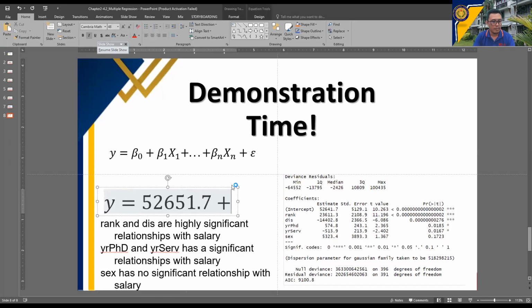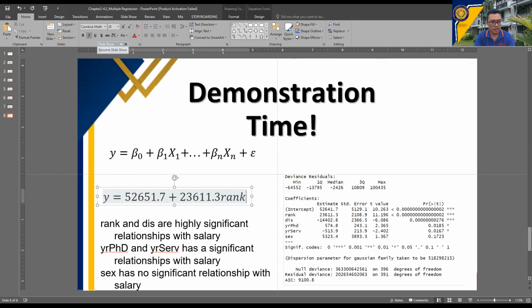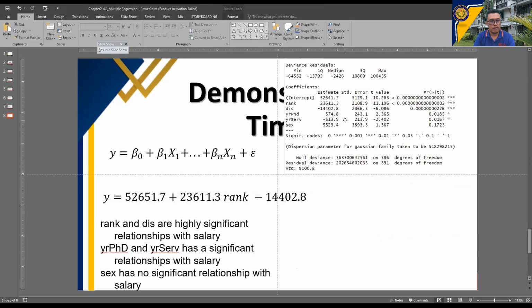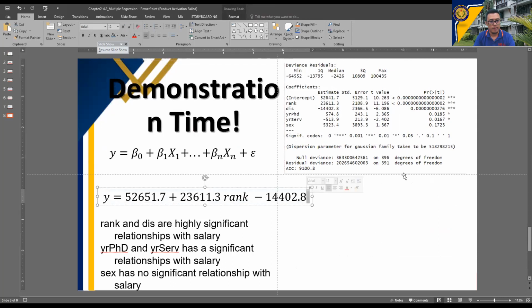Plus rank, which is 23,711.3 times rank, minus 14,402.8 times discipline.